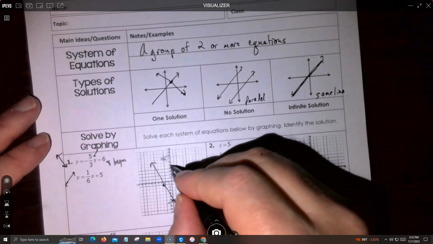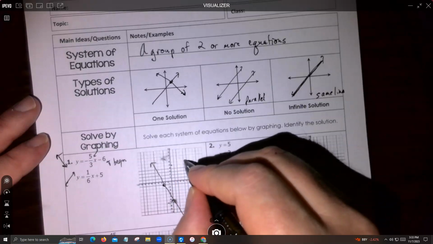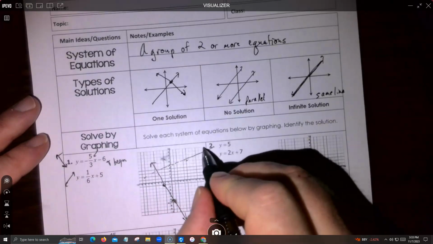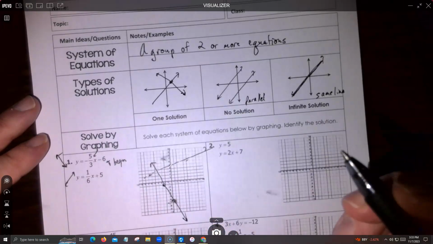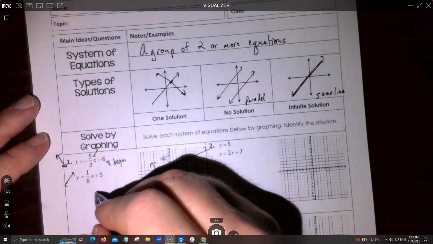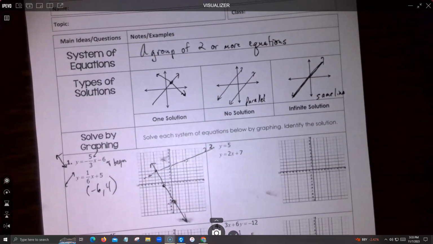Start off on 5 and go up 1 over 6. Let's see, 1, 2, 3, 4, 5, 6. And there's our intersection. It looks like our intersection is -6, 4. Okay.